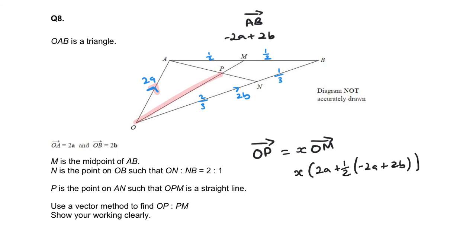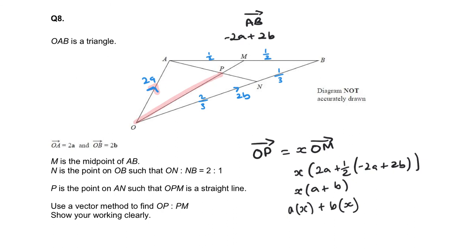Okay, so expand and simplify. I'm going to get X lots of A plus B. However, whenever I'm doing these questions, I always want my A and B factorized, because then we're going to be able to equate coefficients, okay?